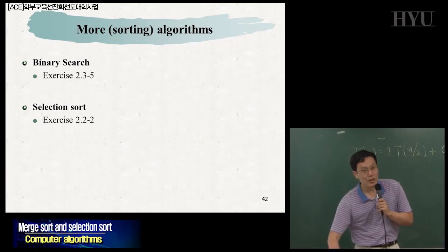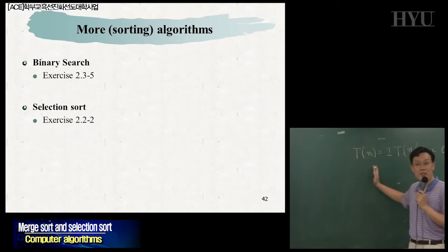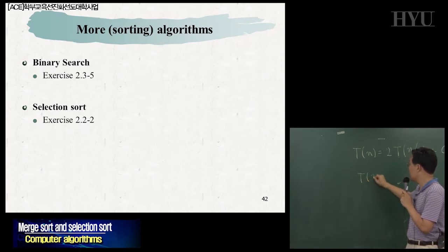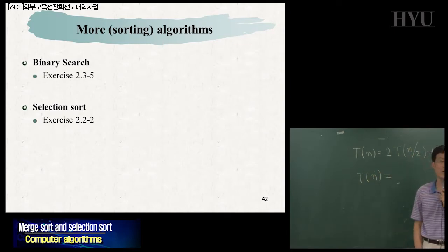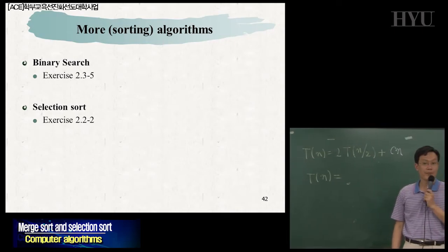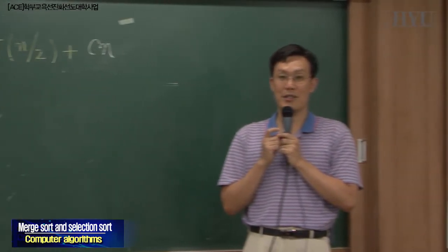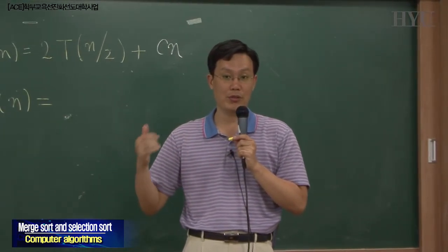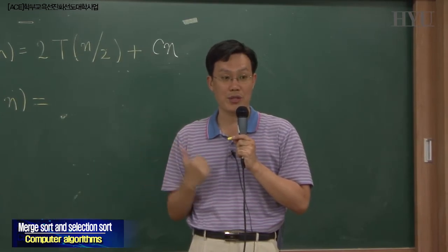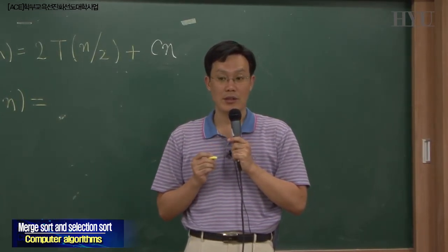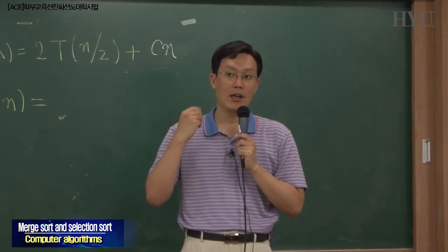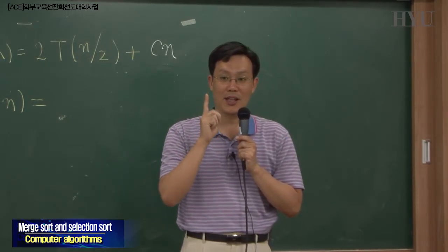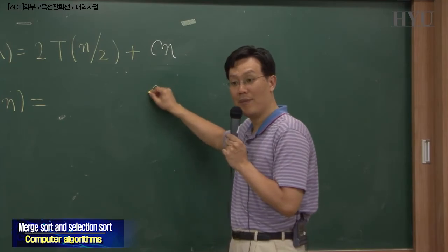Can you write a recurrence of binary search? The recurrence of binary search. T of n is, binary search is like this. It's not a divide and conquer approach, but you can write it as a recurrence. One guess takes constant time.